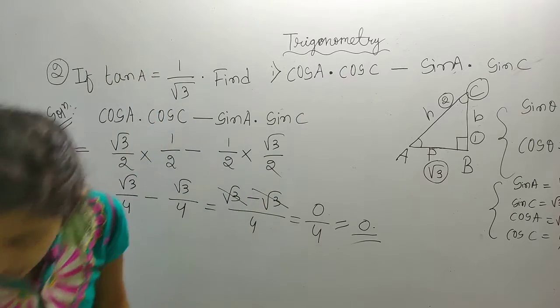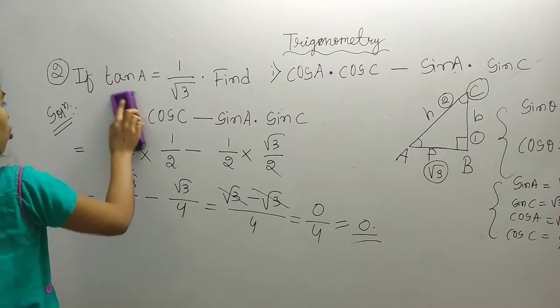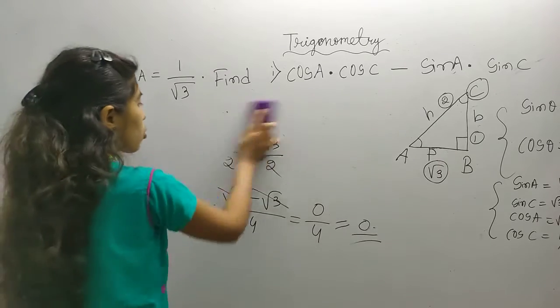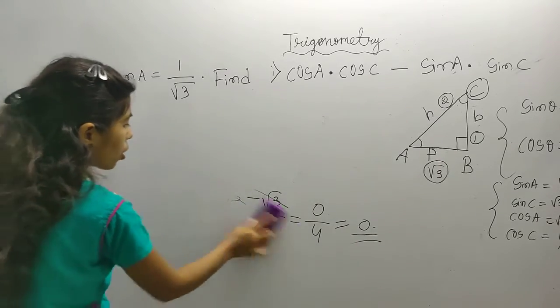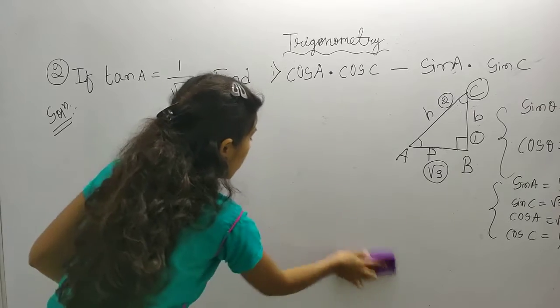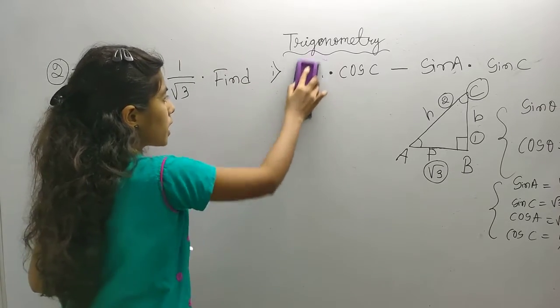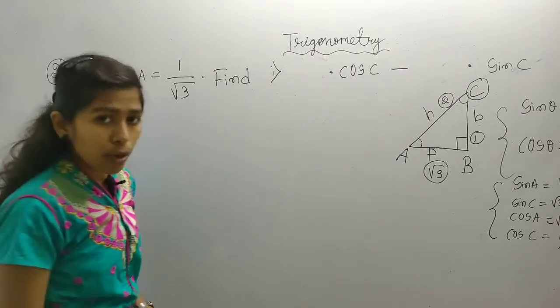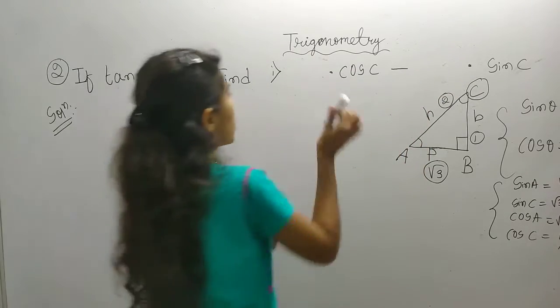See, I told you previously about sin A cos C minus cos A sin C. Let's do that to solve your confusion. I will do that question also, otherwise you will be confused. We will do it as I previously wrote the question. You will see why I erased it.